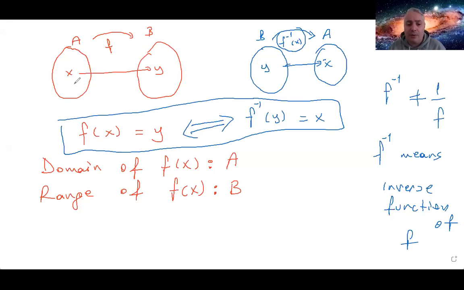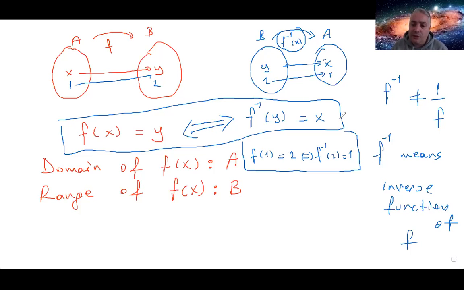Let me write one example. This is 1, this is 2. So this is 2, this is 1. So what can I say? f of 1 is equal to 2 if and only if f inverse of 2 is equal to 1. Just check it, please. Do these two things, this one and this one, match or not?